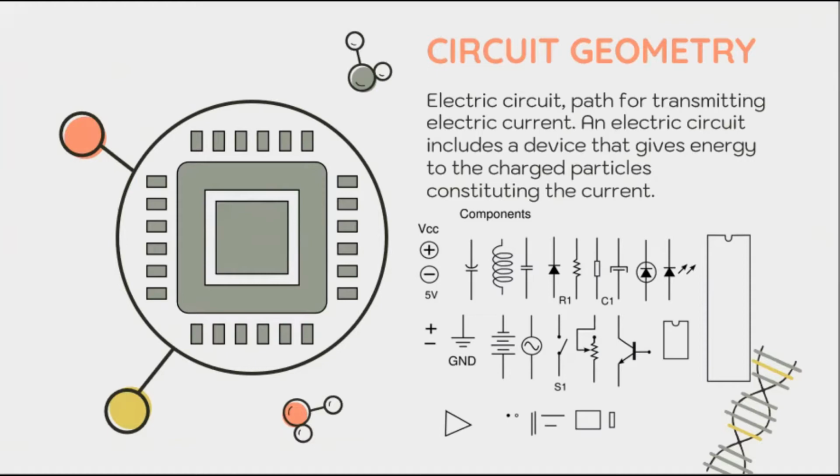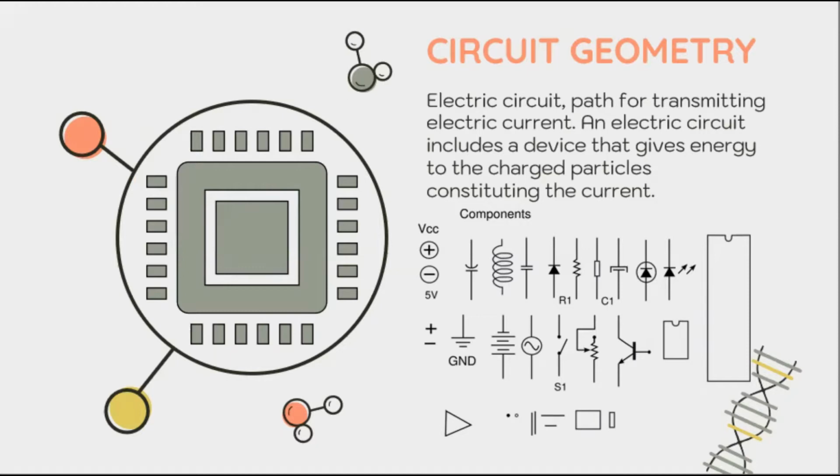So we use various components to analyze a circuit or an electrical network. We make or illustrate a schematic diagram of our different components, for example, resistor, transistor, diode, a lamp, a voltage source, and so much more.